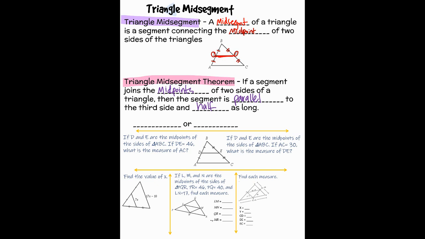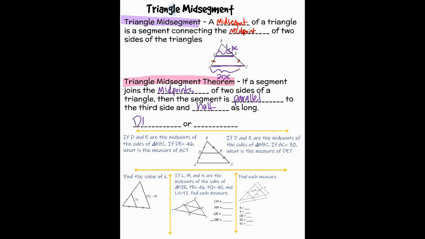That says up here, if this is our midsegment, then this line is parallel to it, and the distance here, DE, is half the distance of AC, or in other words, the opposite is true. The distance of AC is 2 times DE.